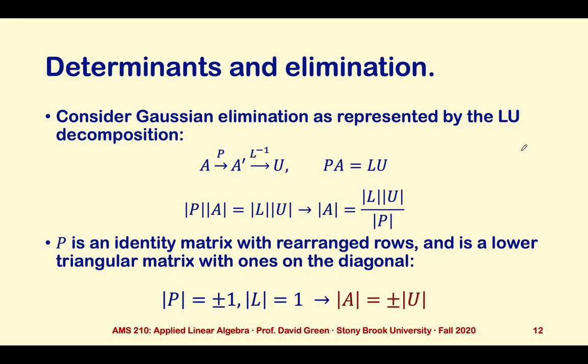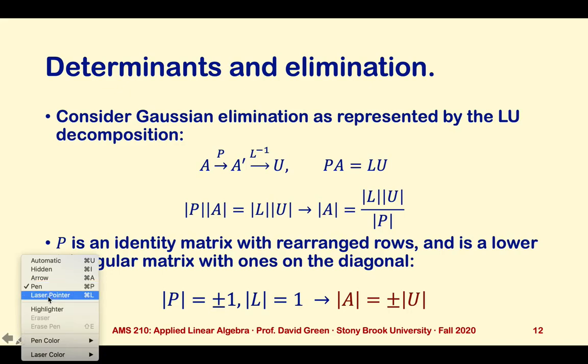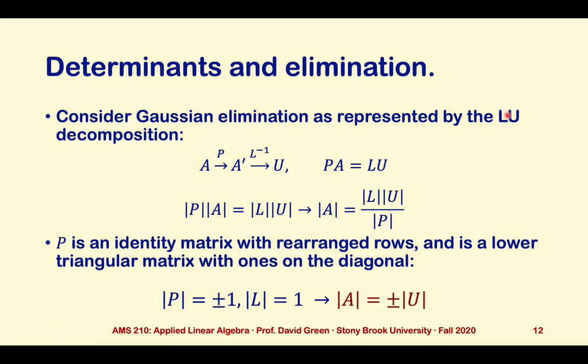Okay. With this, we're all set to make a deeper connection between Gaussian elimination and how we can compute a determinant. Let's think about Gaussian elimination, especially the forward steps, as represented by LU decomposition.